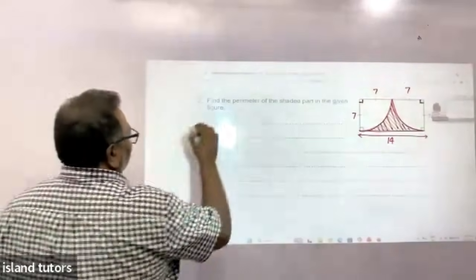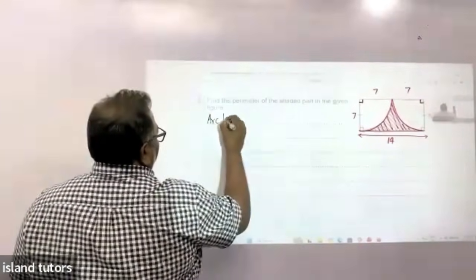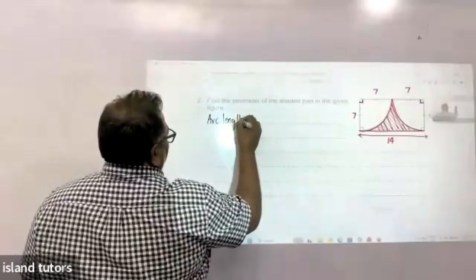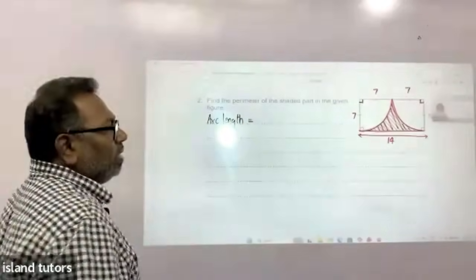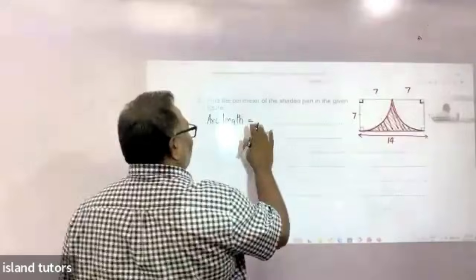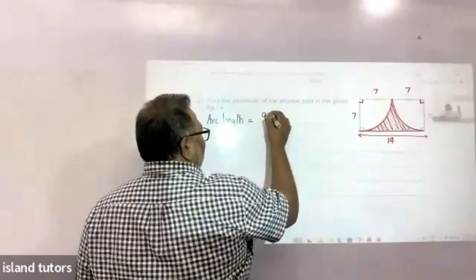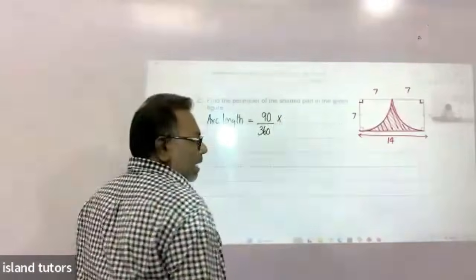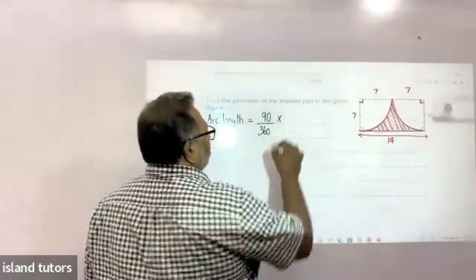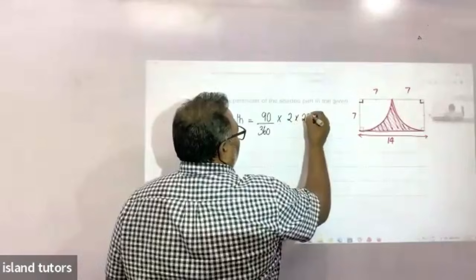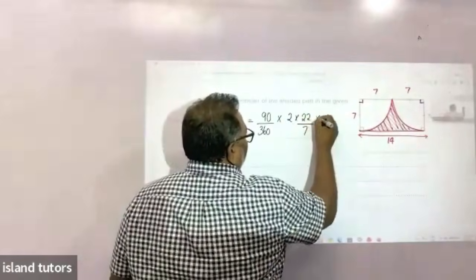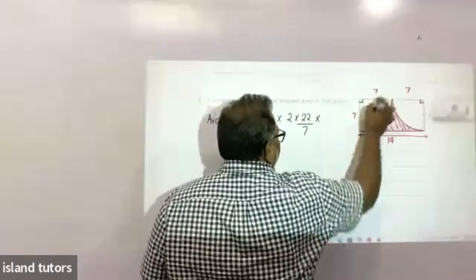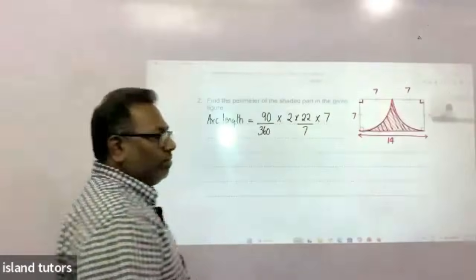So arc length is theta over 360. I'm not going to write the formula now. 90 over 360 multiplied by 2 pi, and your radius is 7.